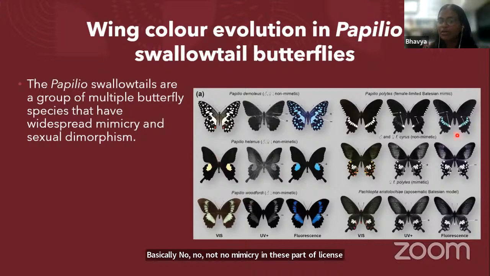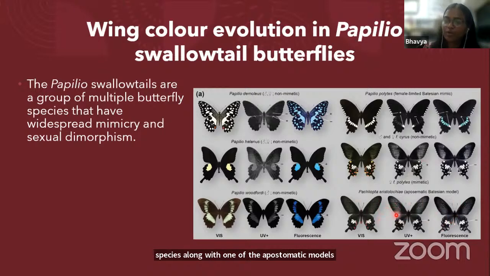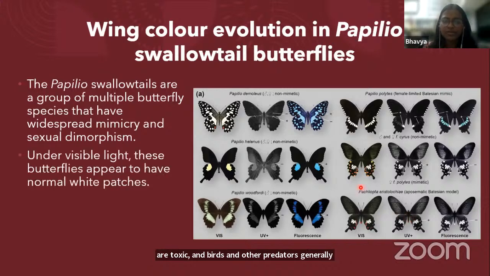And over here we see a species that I showed in the previous slides, where we have one non-mimetic form of males and females, and a mimetic form, which is present in this species, along with one of the aposematic models that we spoke about earlier, that are toxic and that birds and other predators generally avoid.